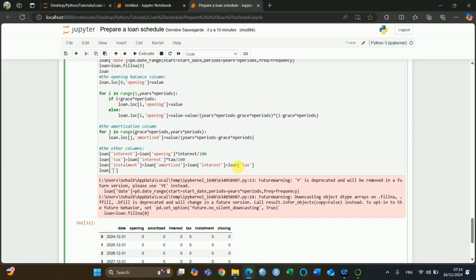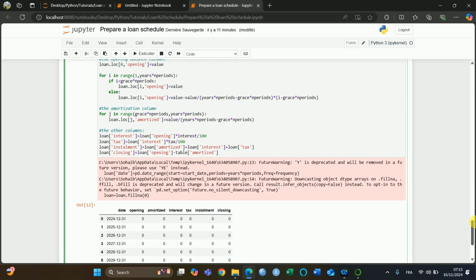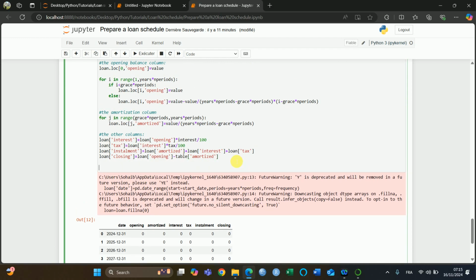Finally, the closing balance is the opening balance minus the amortized amount per period. And next, display the table.